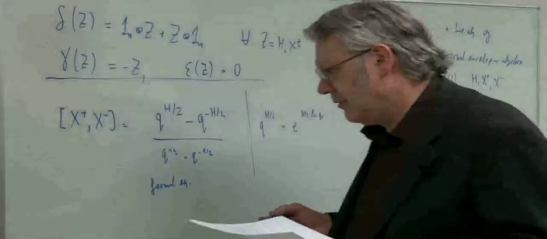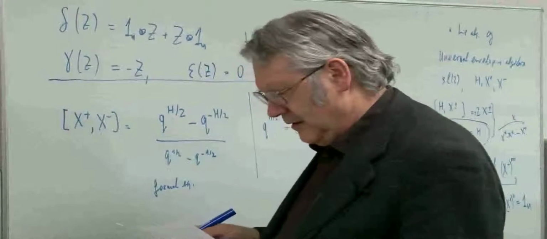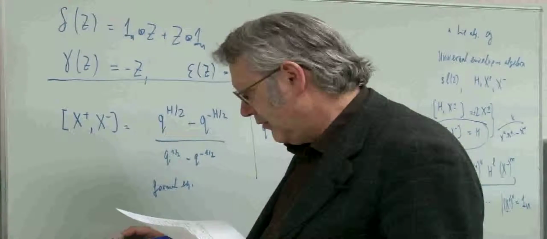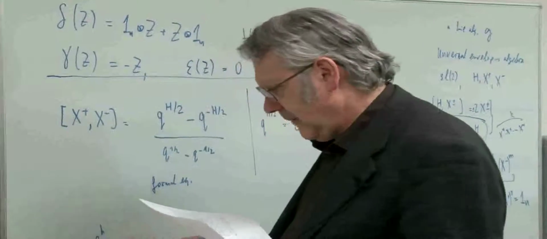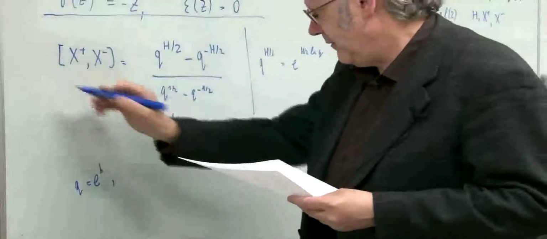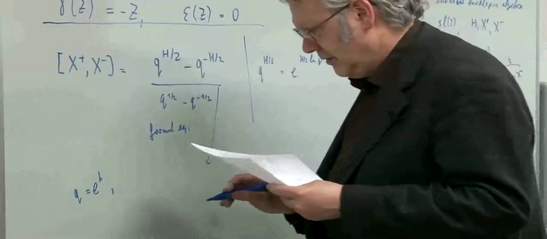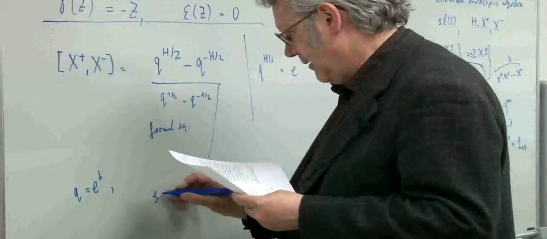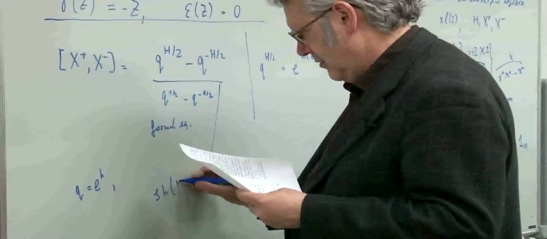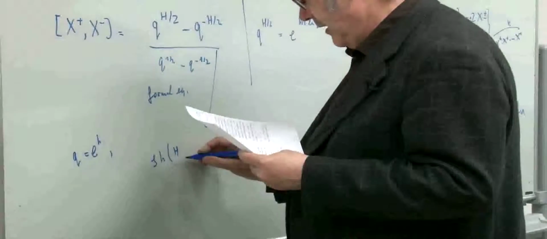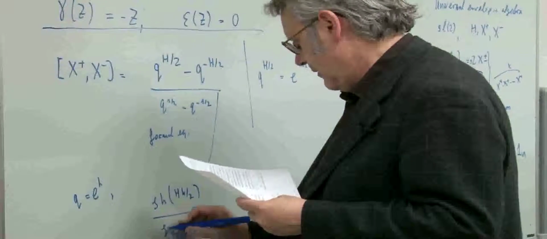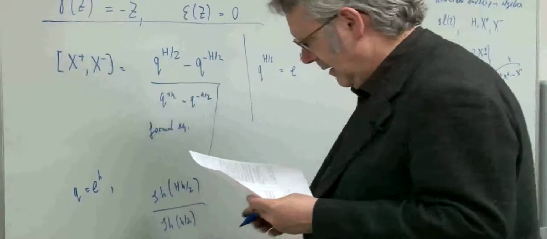Now it depends what is Q. If it's a complex number, for instance, we can put that Q would be equal to e to the power of H. And then what I have written here will pass to the hyperbolic sine of H times small h over 2, over the hyperbolic sine of H over 2.